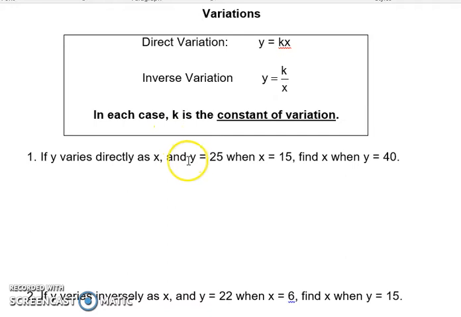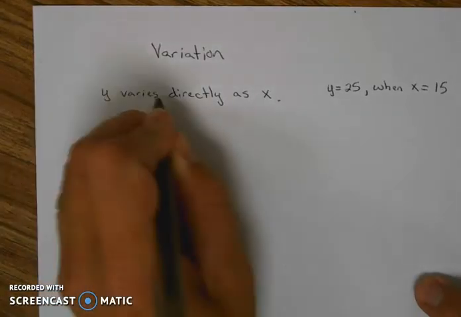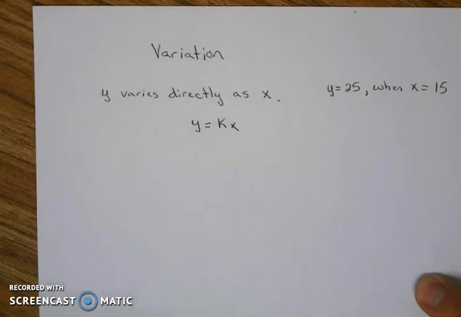So in problem number 1, they tell us what y is, and they tell us what x is. So we're going to input these two values into the equation and find what k represents. So y varies directly as x. So y equals kx. This is a direct variation. You did these in Algebra 1.